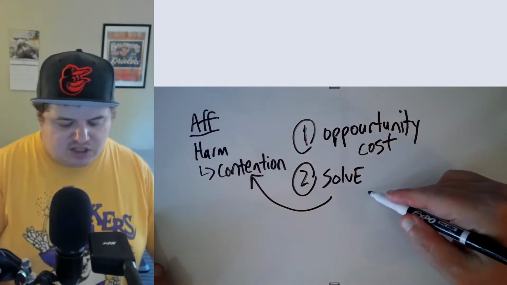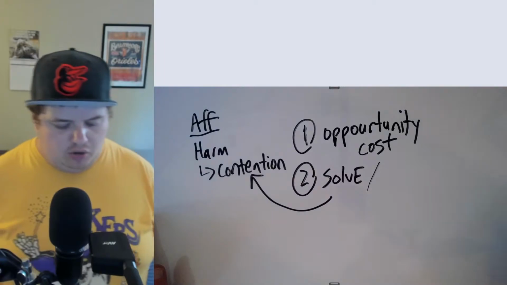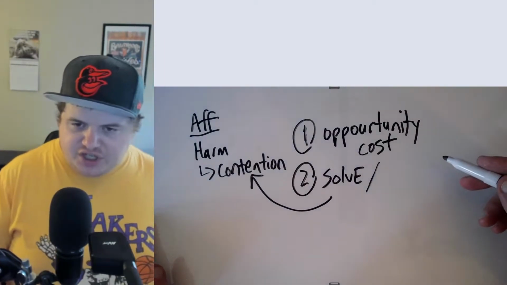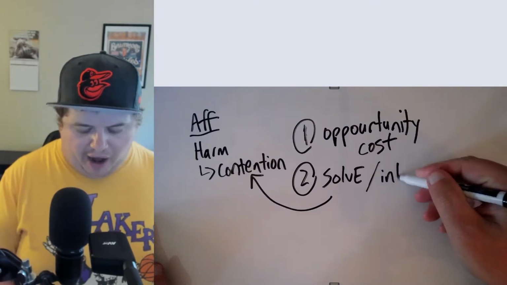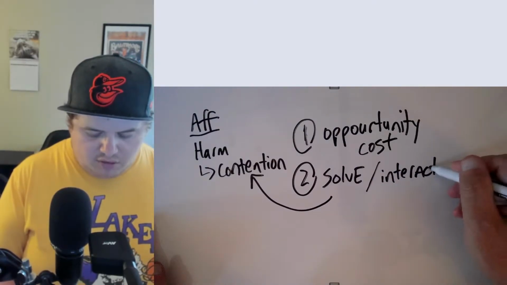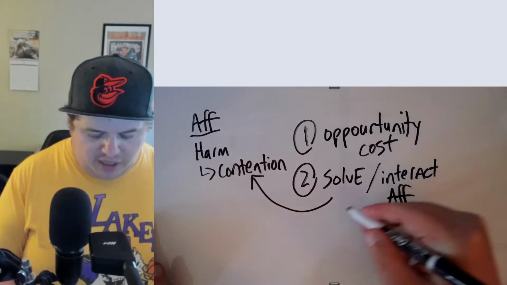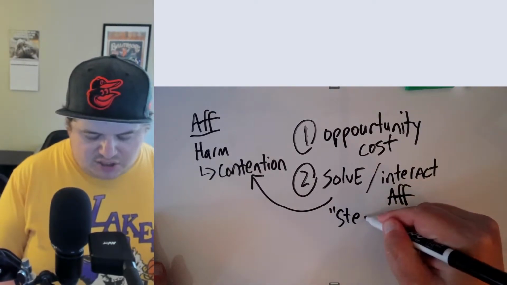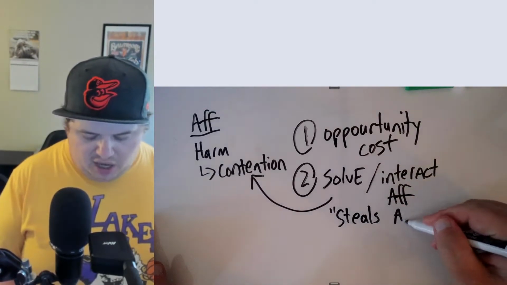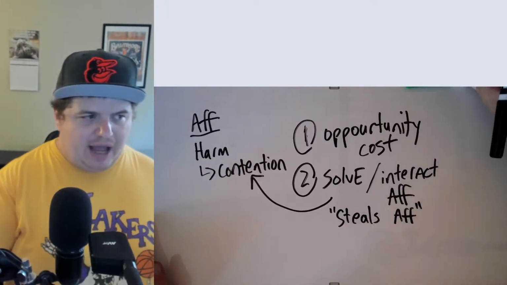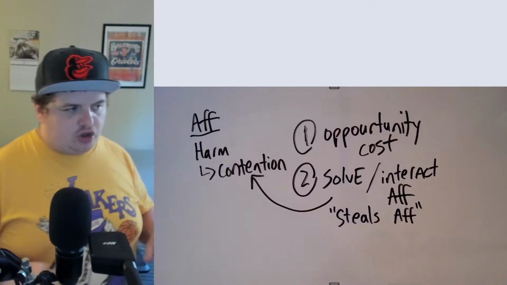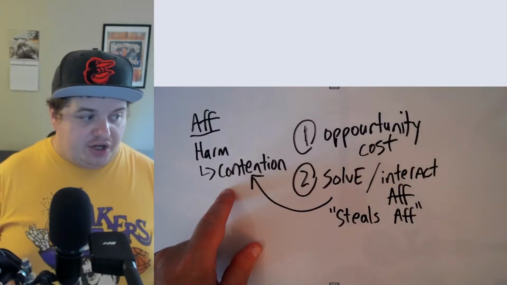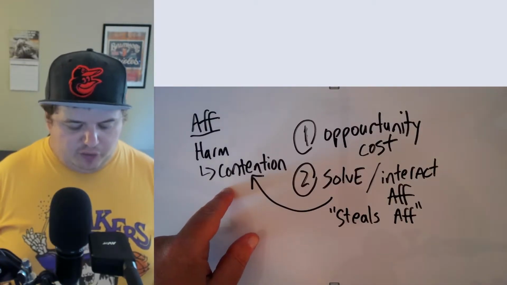Normally, there is some structure or part or some strategic reason in each counterplan that functions to interact with the AF. Normally, when I teach this, I say it steals the AF. What that means is pretty much the counterplan exists to try to take this contention from the affirmative in the debate.